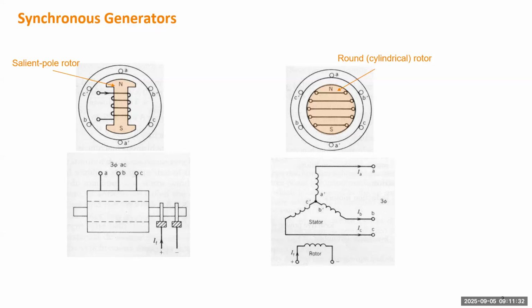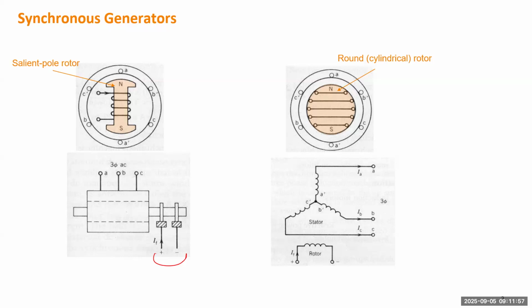The rotor has a single winding, which is called the field winding, and it carries a DC current. The current can come from another DC source or from an AC source through AC to DC conversion. This DC current will generate a magnetic field.